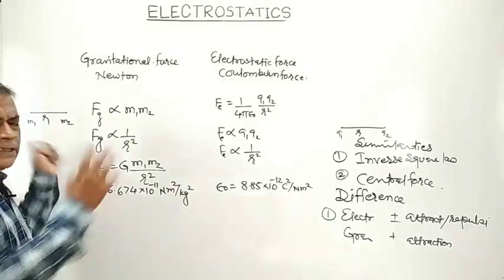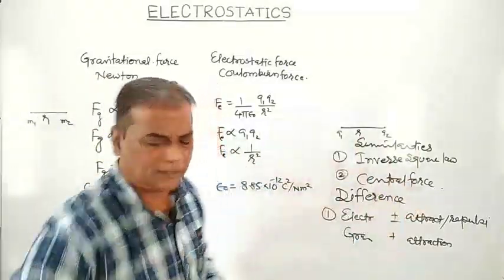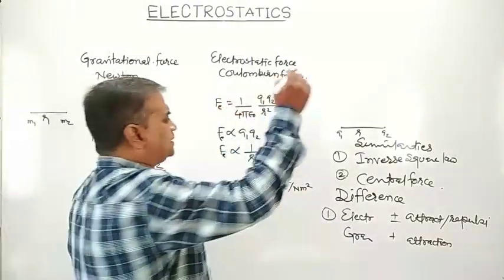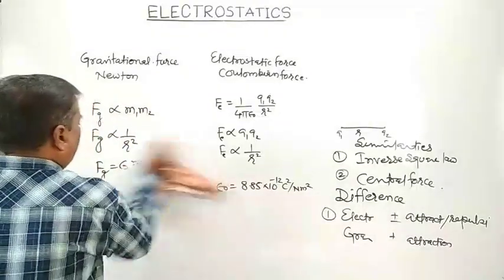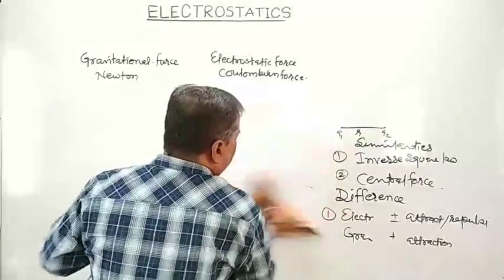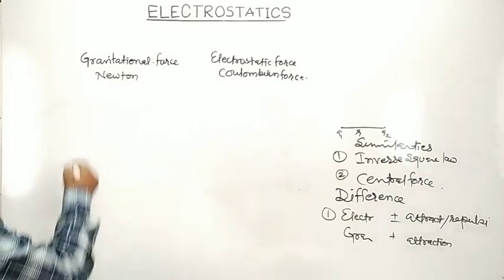Now let us compare which force is stronger than the other. For that purpose, suppose we are having two protons, and we will find out the electrostatic force between the two protons.